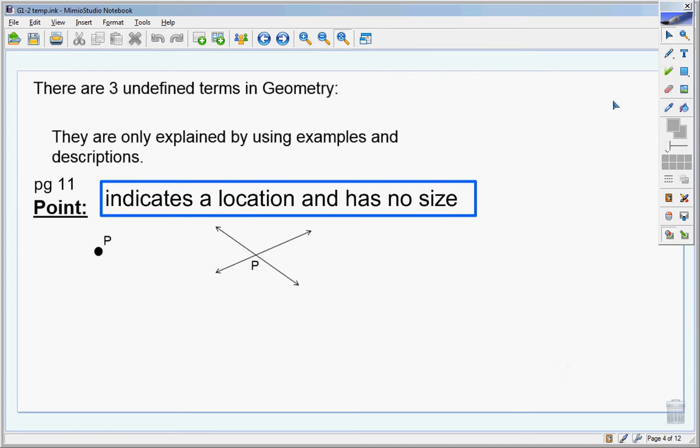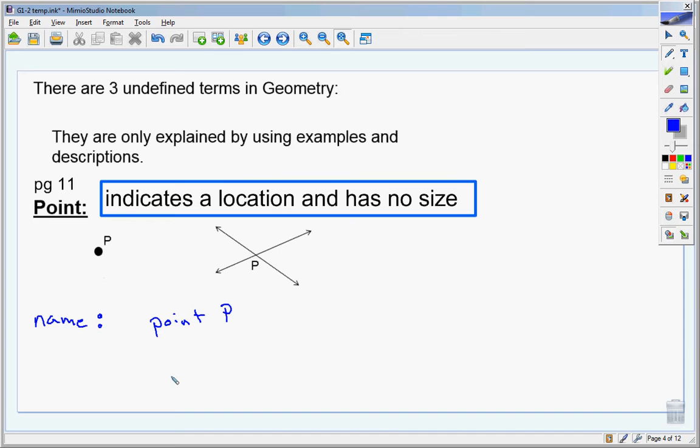Down to naming a point, this is where we have to start looking at learning how to speak in terms of geometry. When you're naming a point, you would put the word point out in front of it. And you'll notice that this is a capital letter.